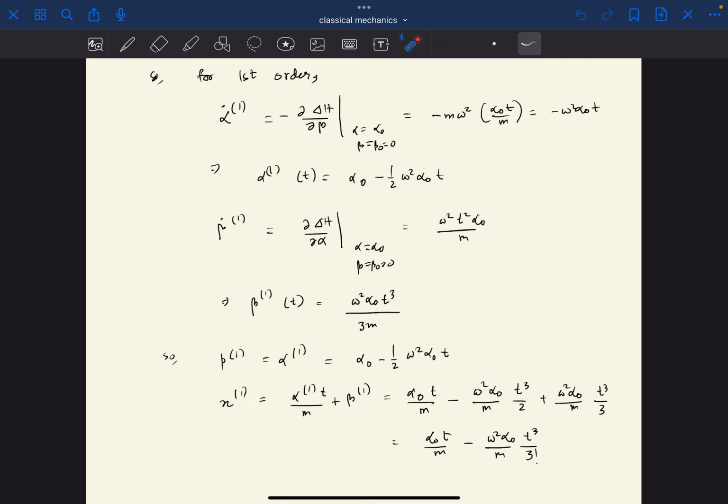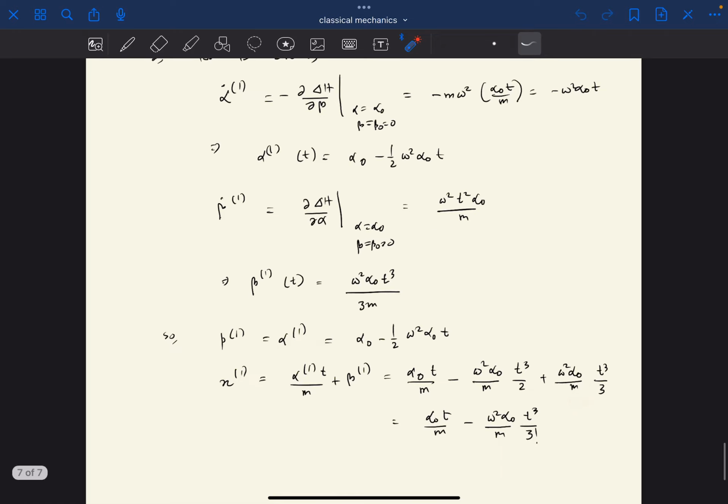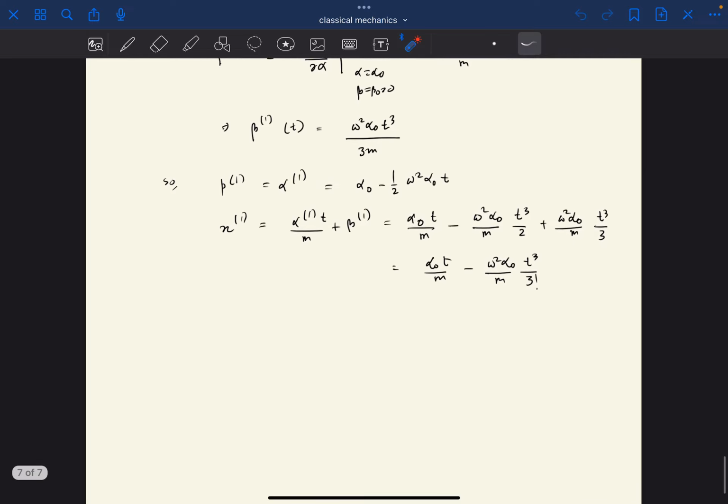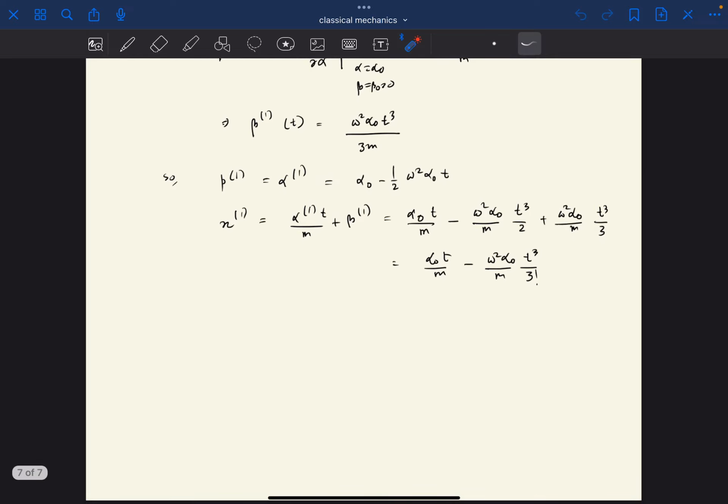So this gives me this, so overall I get this. So this is also like the first order terms in the whole solution, where x assumes a sine omega t form and p assumes a cos omega t form.